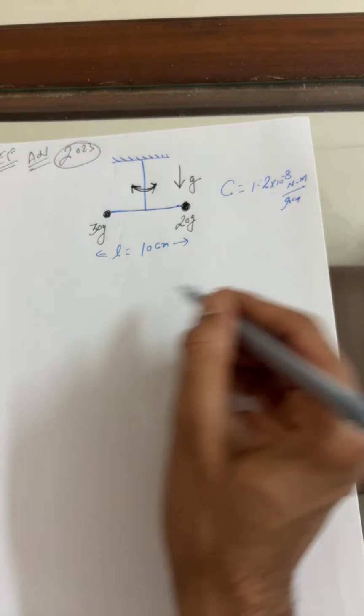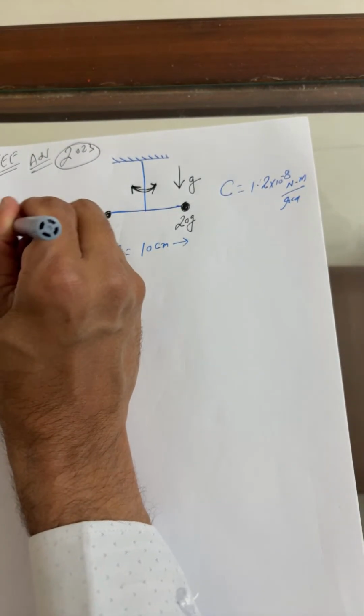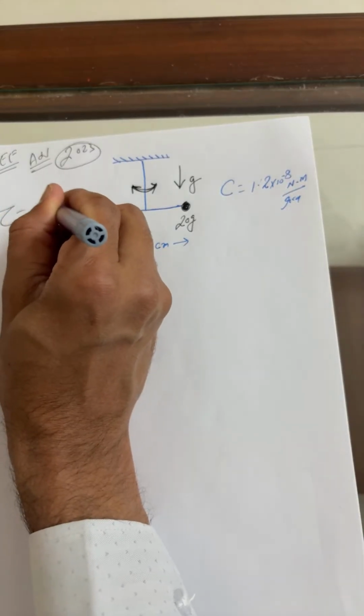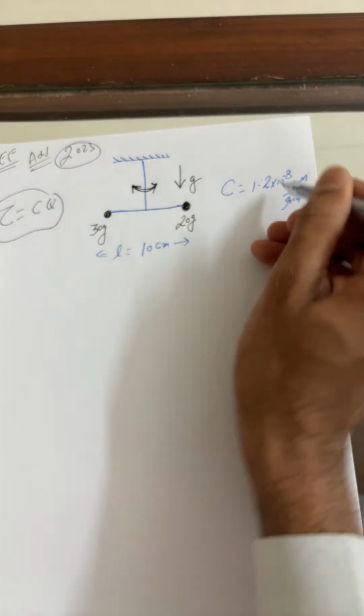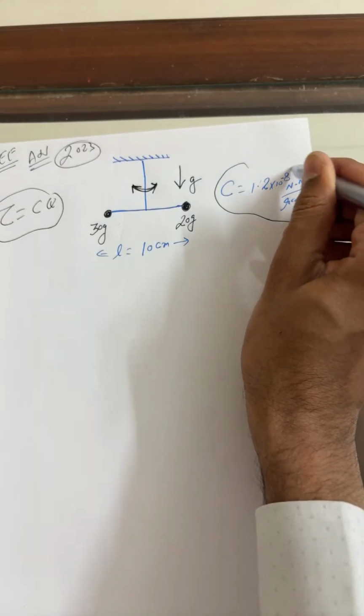This is the torque constant. If you remember, torque is equal to C theta. So if you use this result, torque is equal to C theta here. C is equal to 1.2 into 10 to the power minus 8 Newton meter per radian.